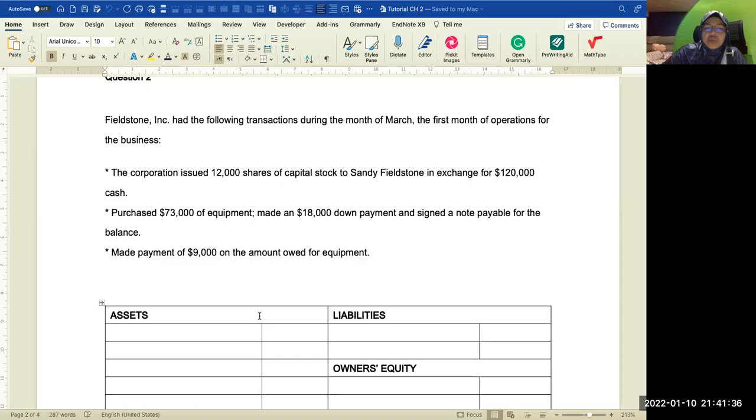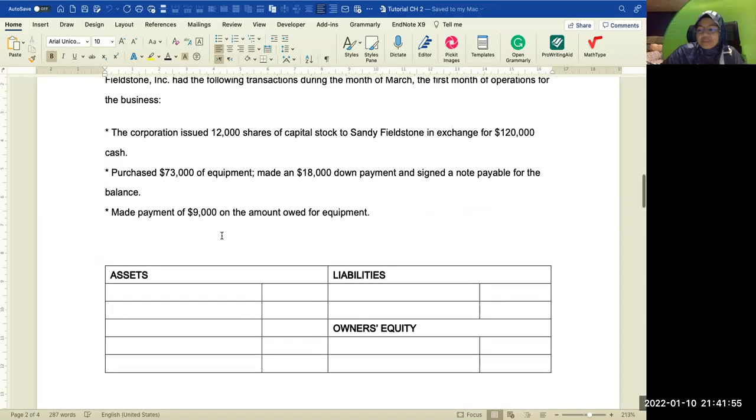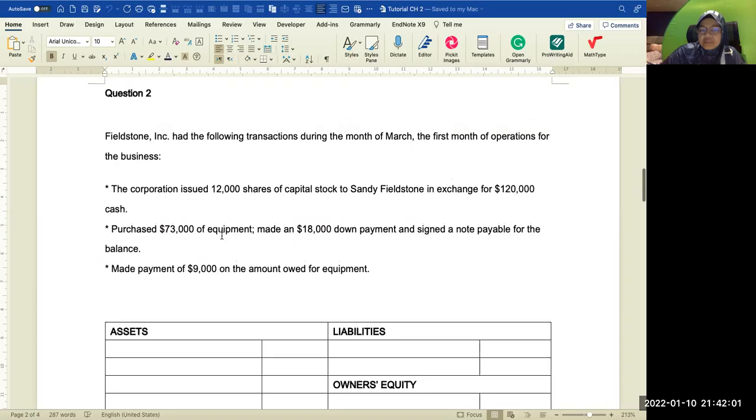The corporation issued 12,000 shares of capital stock to Sandy Fieldstone in exchange for 120,000 cash. So now what would be the transaction? The company issued 12,000 shares, with the cost of each share $10 US.